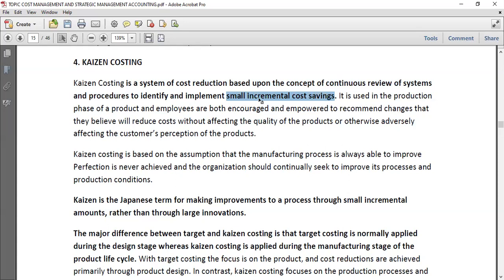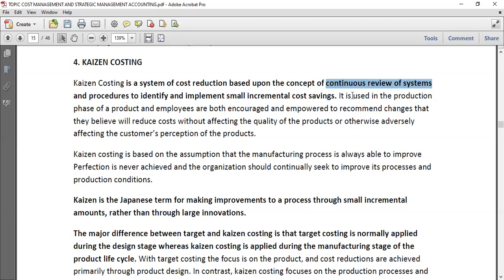These are keywords. The small incremental cost saving is a keyword when it comes to here. And also the continuous aspect. It's basically a continuous process, okay? Review process of our systems and procedures to identify those key aspects that can help us save costs, okay?